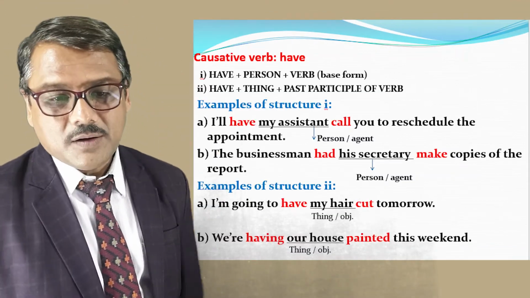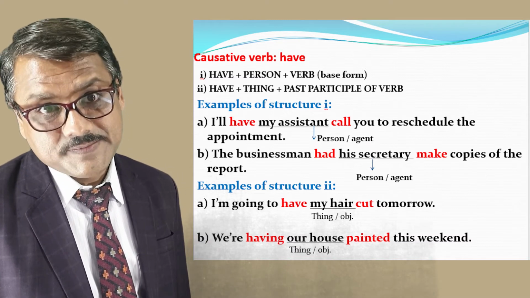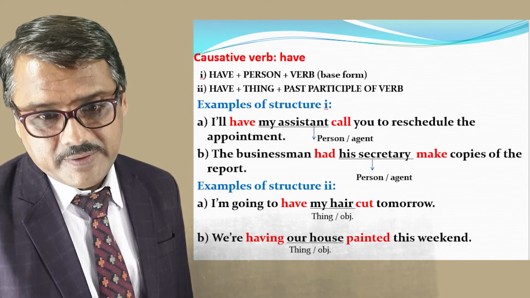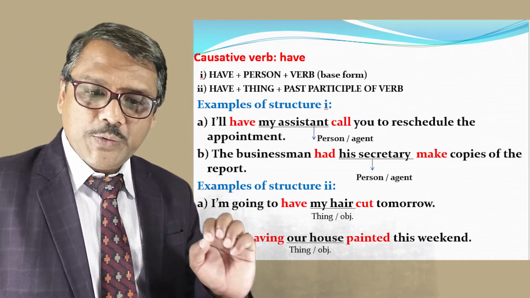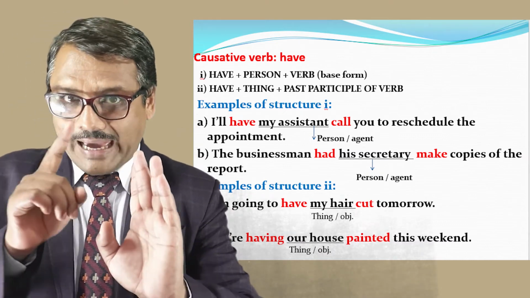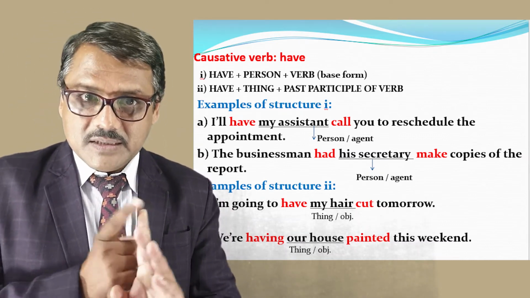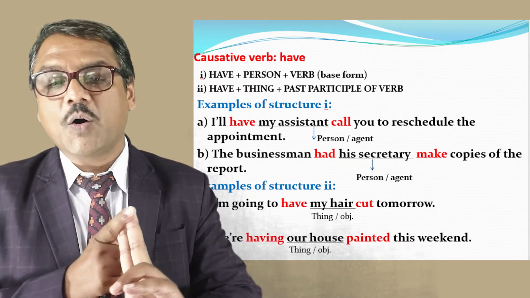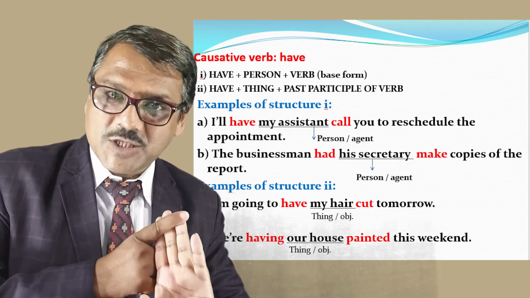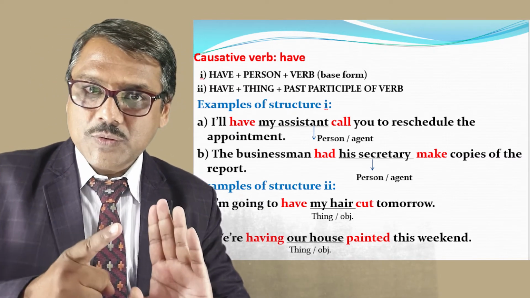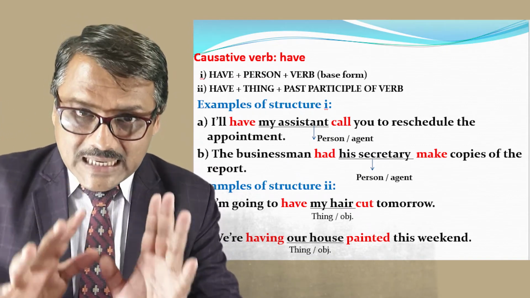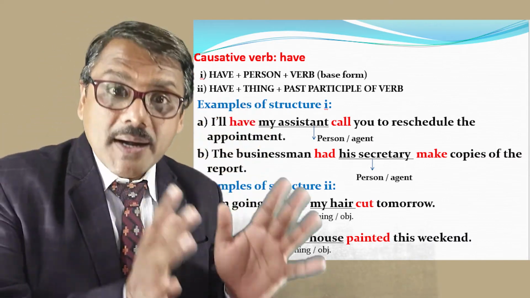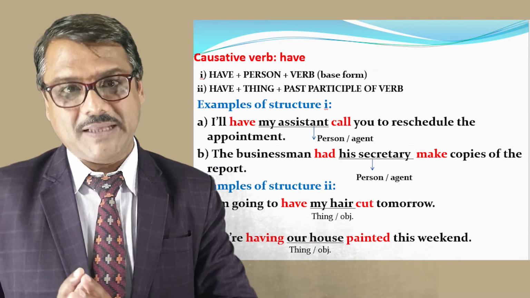Now, the causative verb have, we are going to discuss here. When you use have as a causative verb, this implies giving someone else the responsibility to do something, or somebody has authority to do something.